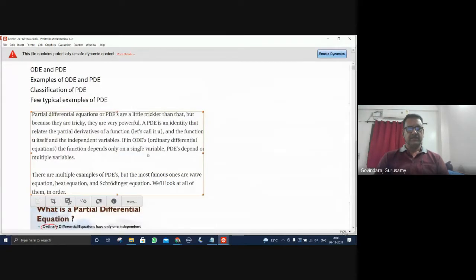Okay, so you might be wondering, this partial differential equation is, in my opinion, a little confusing for people also, and it's rather tricky. There are many tricky things, but once you understand that, then you realize how powerful these partial differential equations are, and they play a major role in many different areas in science and engineering.